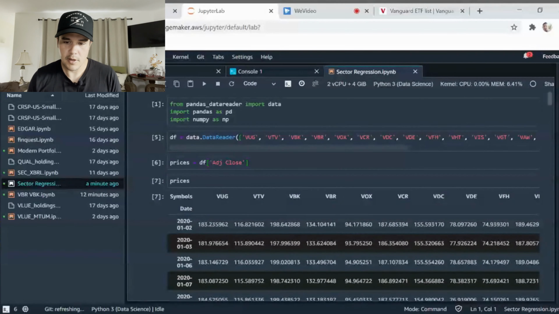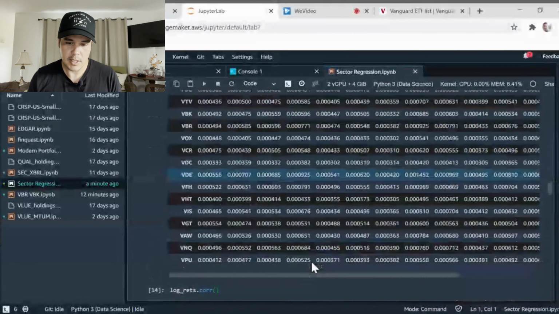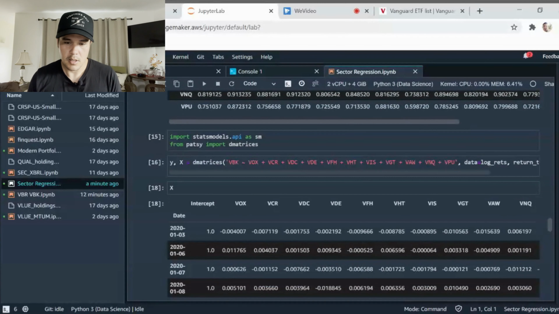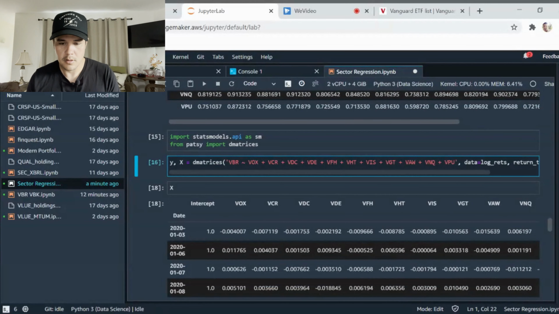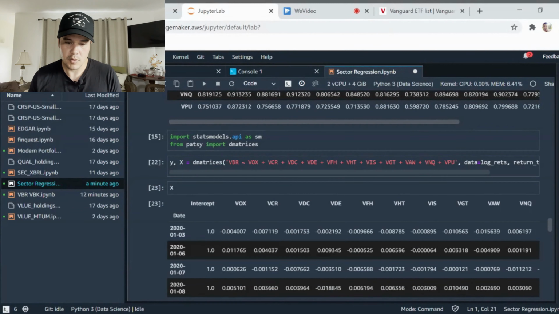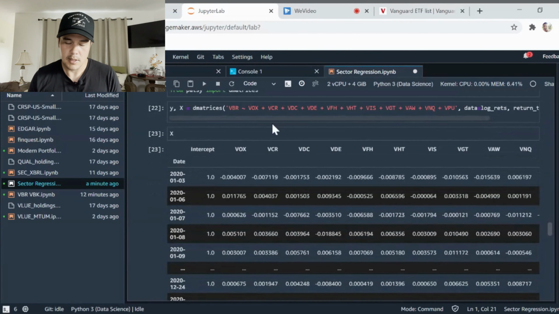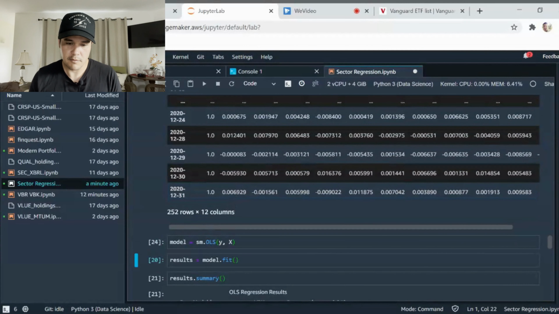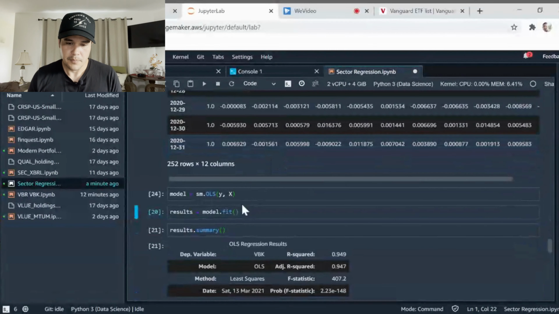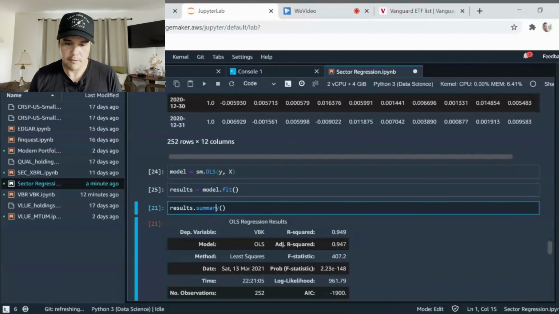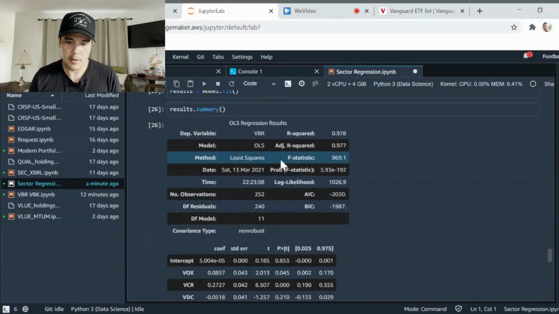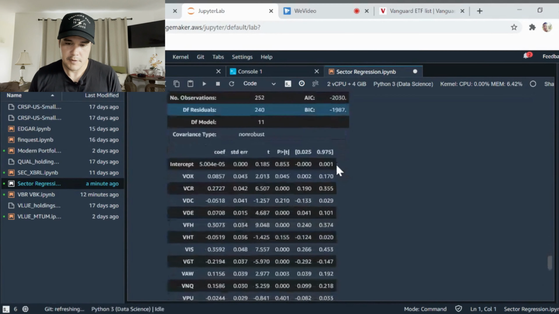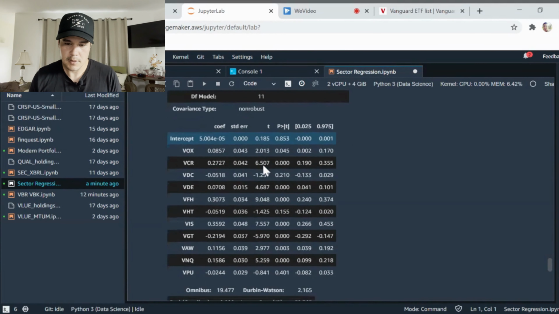So small cap value is VBR. I'm going to change the model here and put in VBR. Our independent variables are still the same, but our dependent variable has changed. Let's fit this model on VBR, small cap value. Take a look at that. Strong R squared, large F statistic. Let's look at the T-stats. All right, 6.5 for VCR.